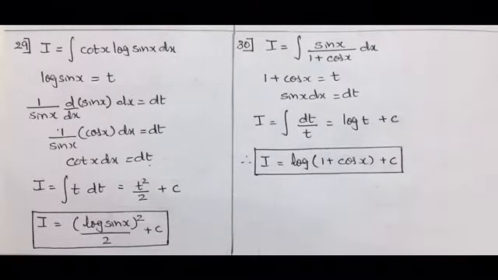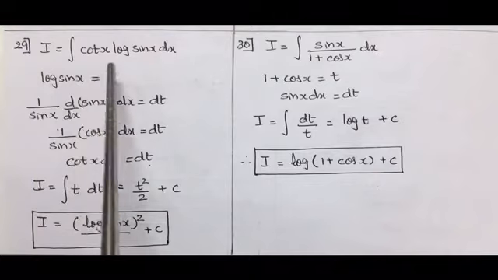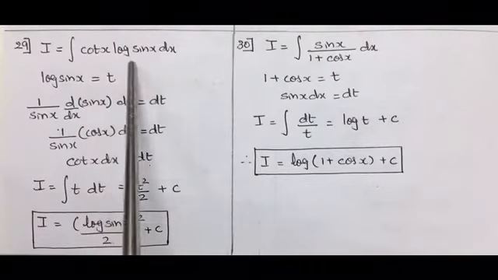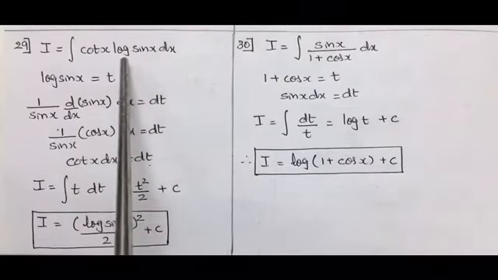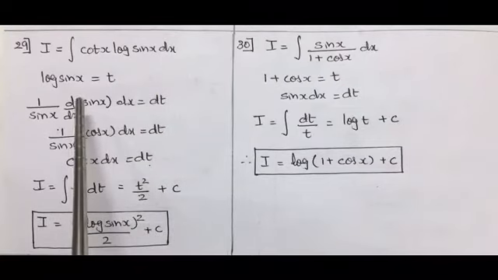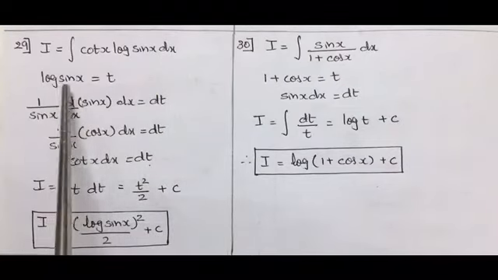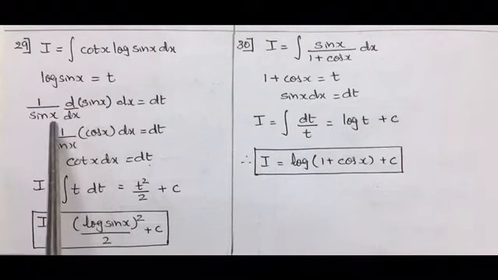29th one is I is equal to integration cot x log sin x dx. Now we don't have the integration of log sin x, so we will assume completely log sin x as t.